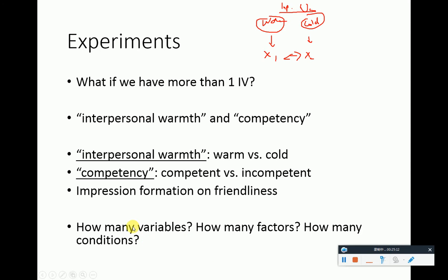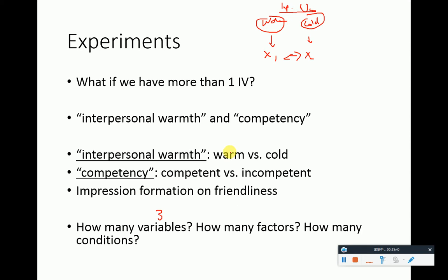So the first question is, how many variables are there in this experiment? I bet many of you will say two, which is wrong. There are in fact three variables here. This is one variable: we just said there's one factor representing one presumed cause of how we form an impression about a person's friendliness.